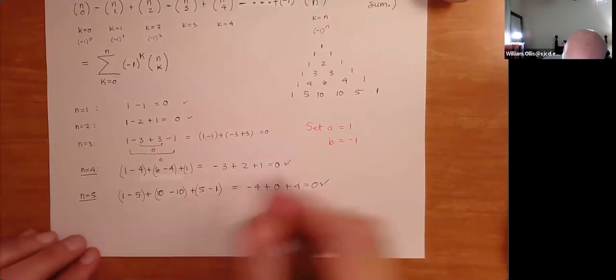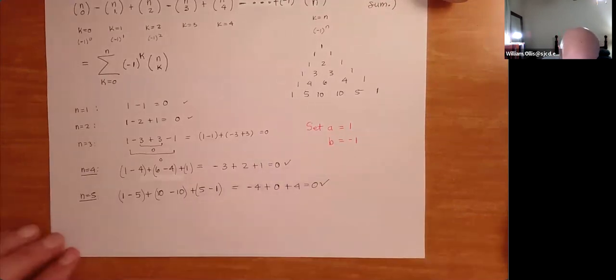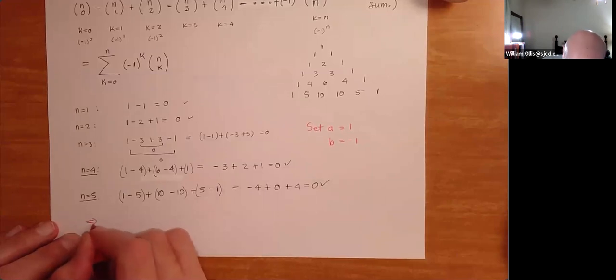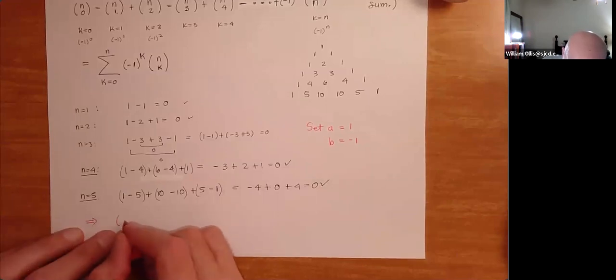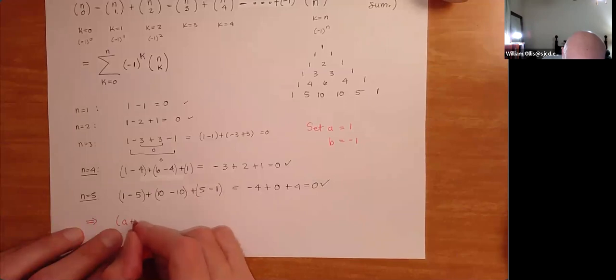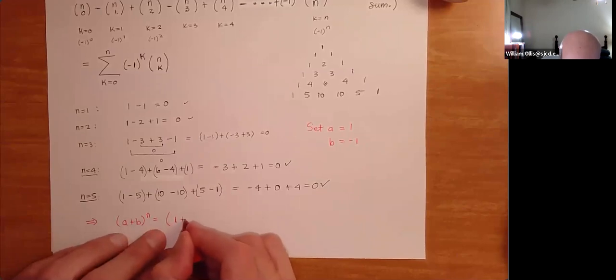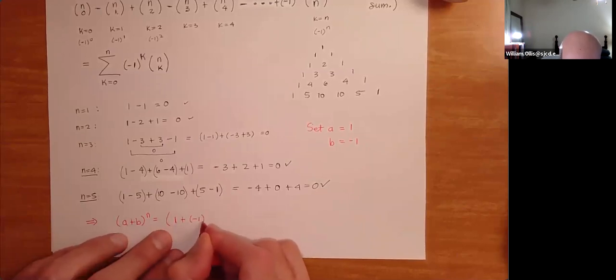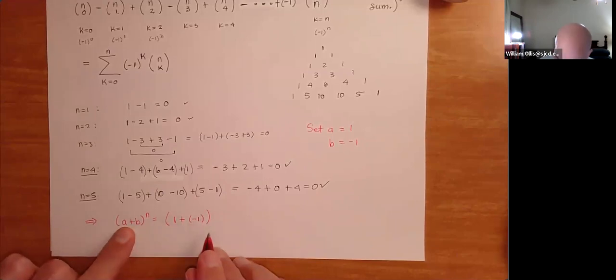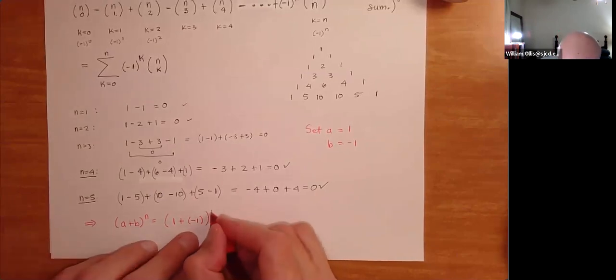So this implies, I'll just write this in red, we have what? (A plus B) to the n equals what? 1 plus, and we'll do negative 1. So we retain the plus sign, n.